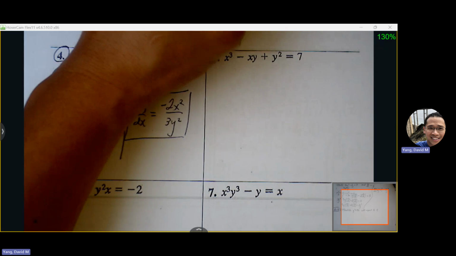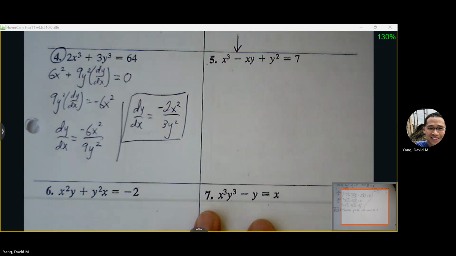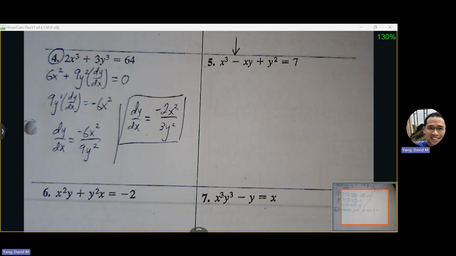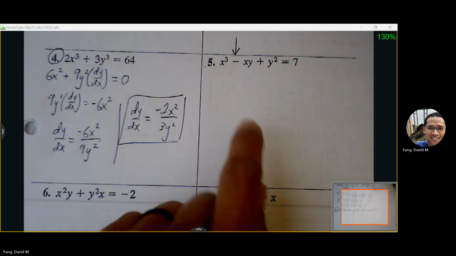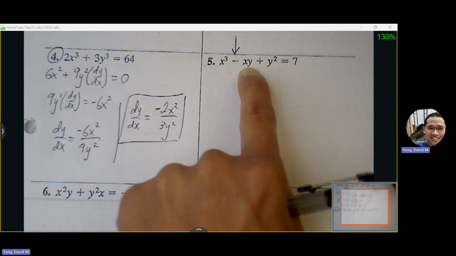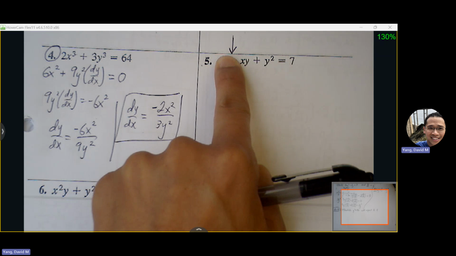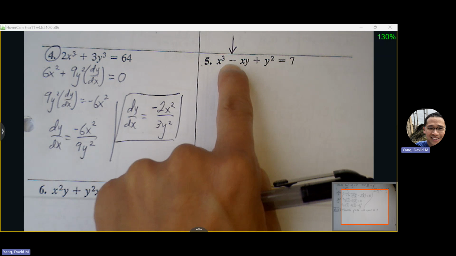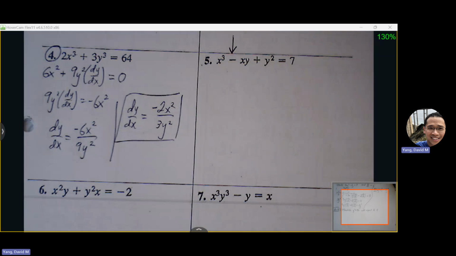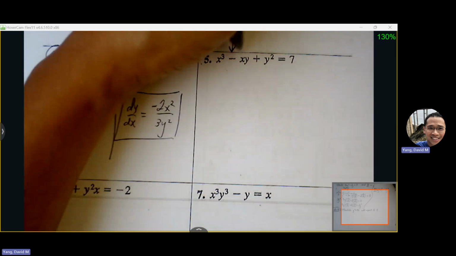Why is this potentially an issue that could cause a mistake? So when you go through product rule, it's f prime g plus fg prime, right? What is that negative going to have to do with that f prime g plus fg prime? It's going to have to distribute. Okay, so that negative sometimes is a cause for issue.